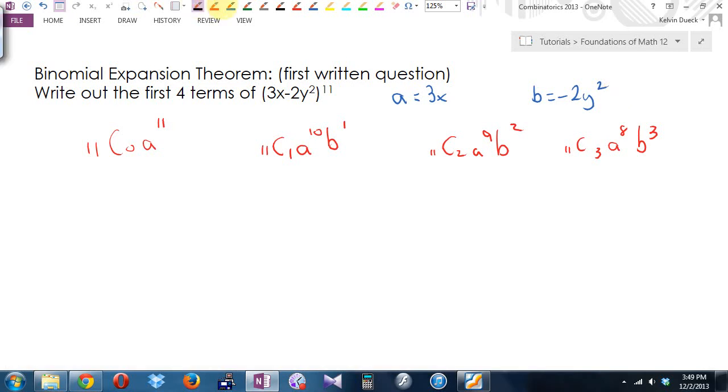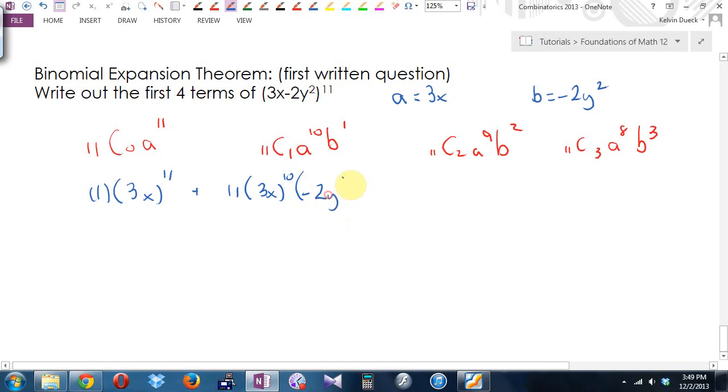What is 11 choose 0? So that's a 1, and then it's going to be 3x all to the 11th, because A to the 11th, plus. What's 11 choose 1? I think that's 11. And then it's going to be 3x to the 10th, negative 2y squared to the 1.